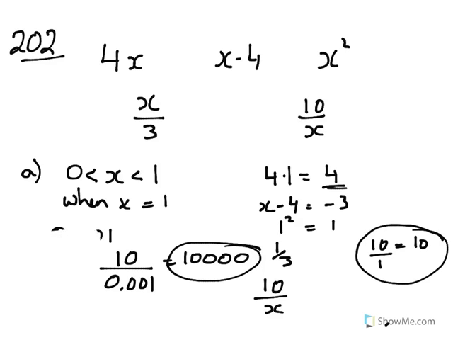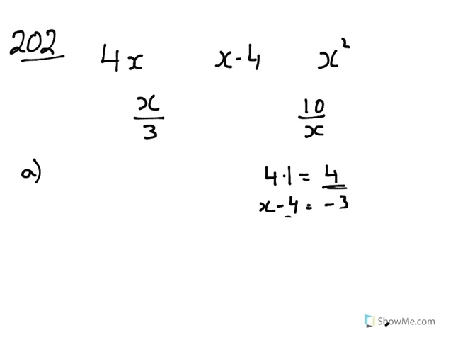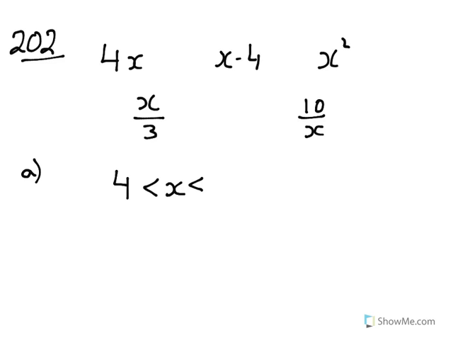Right. Then it says, look at these expressions again then. Same numbers, but then it says which of the expressions will have the lowest value if x is greater than 4, but less than 5.